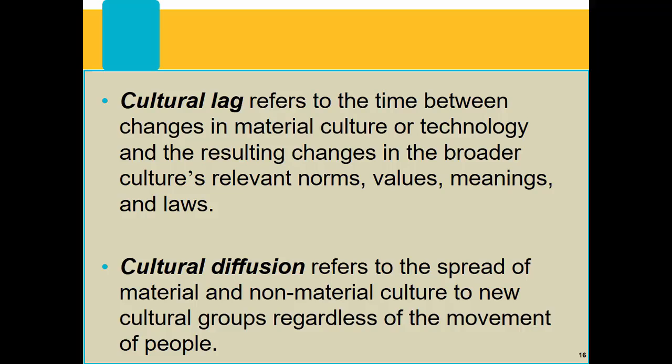Cultural diffusion then refers to the spread of material and non-material culture to new cultural groups, regardless of the movement of people. So whenever groups of people interact with each other, whether they're nice to each other or not nice to each other, they share information.